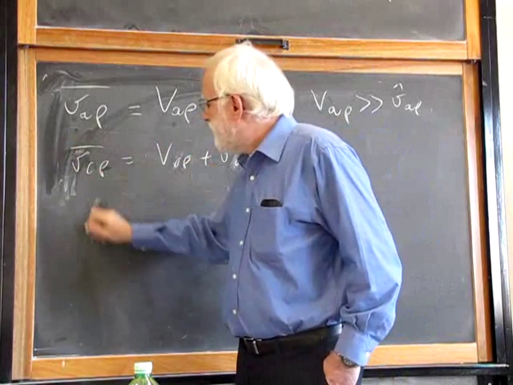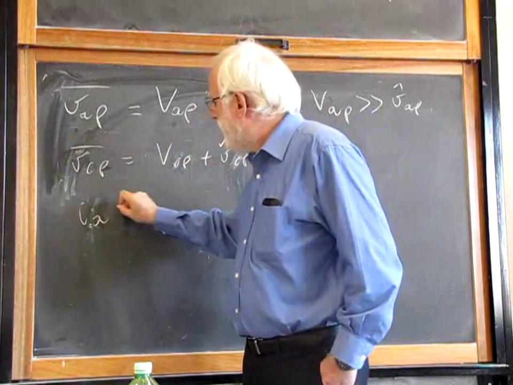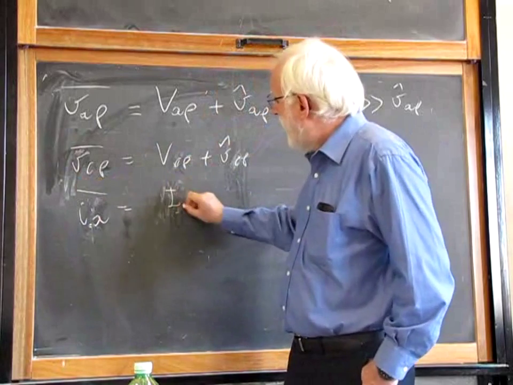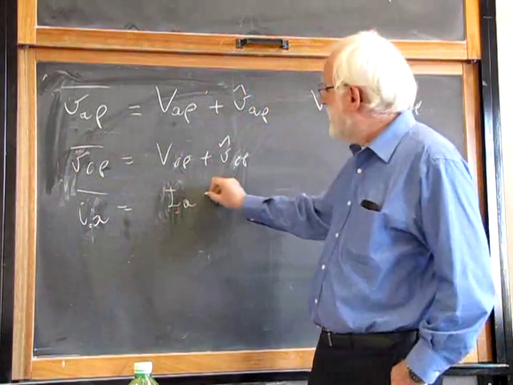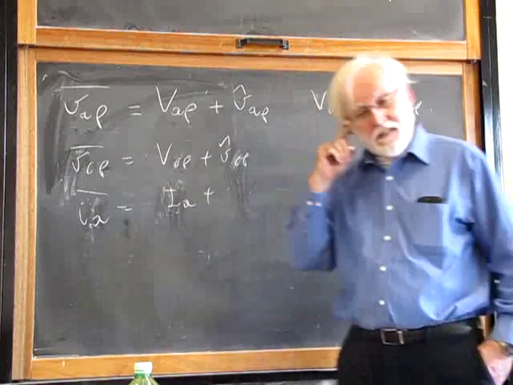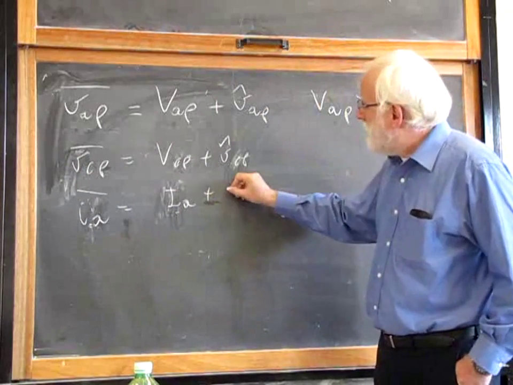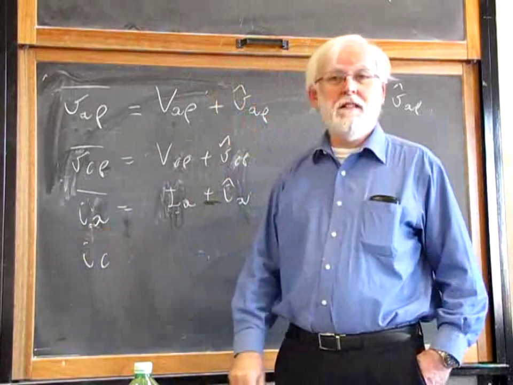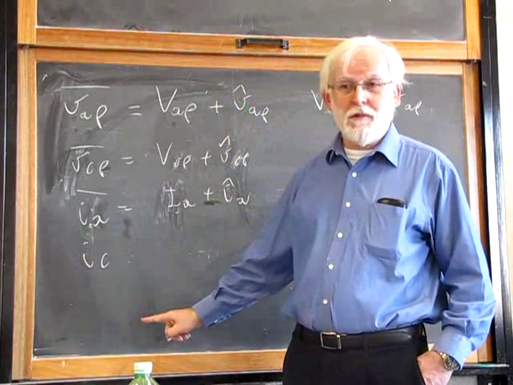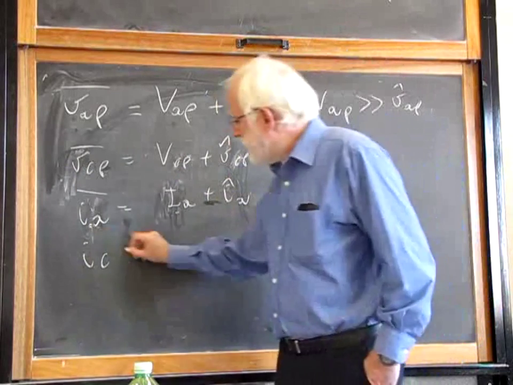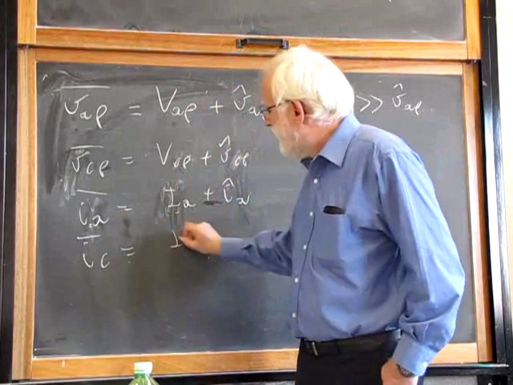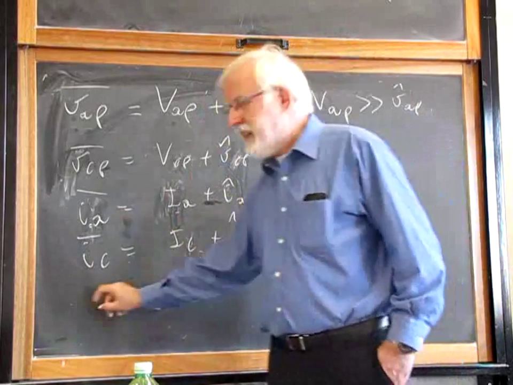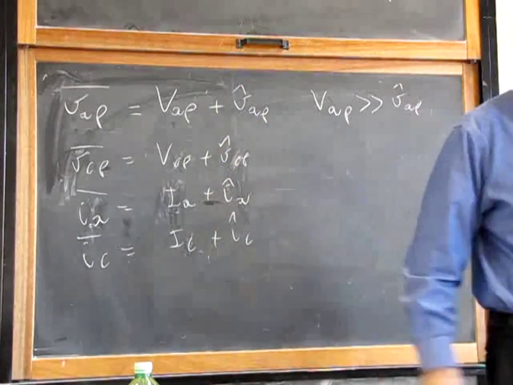And IA average will be equal to IA DC component, the DC value, the average, a constant part, plus IA hat. IC, should I write down all these expressions? IC equals IC DC plus IC hat, okay, I'm almost done. And am I done?